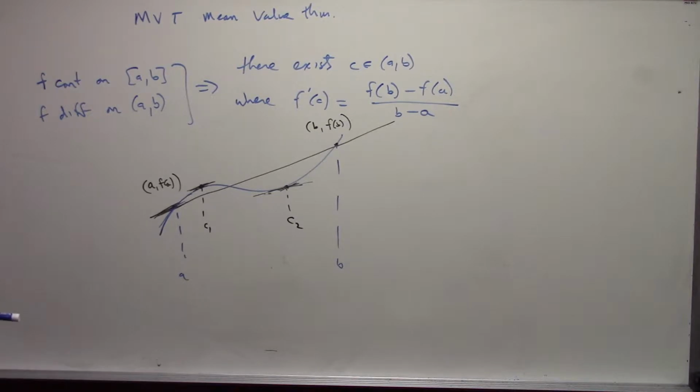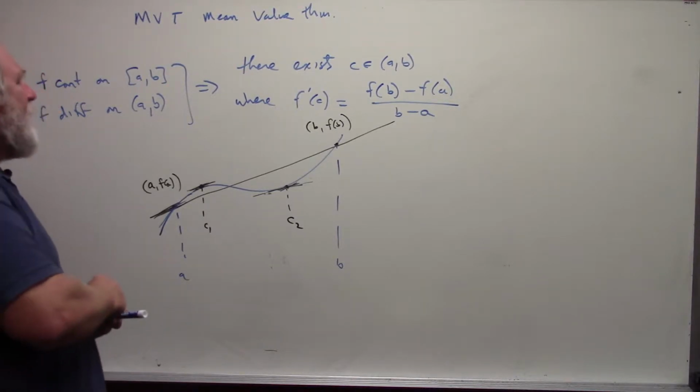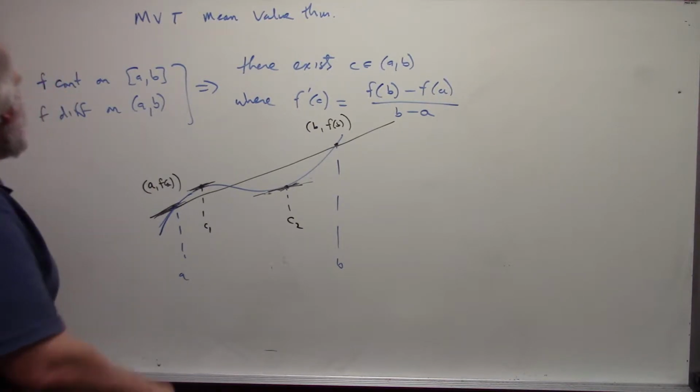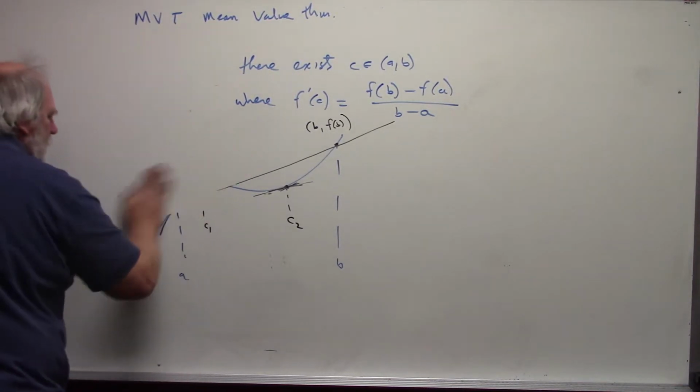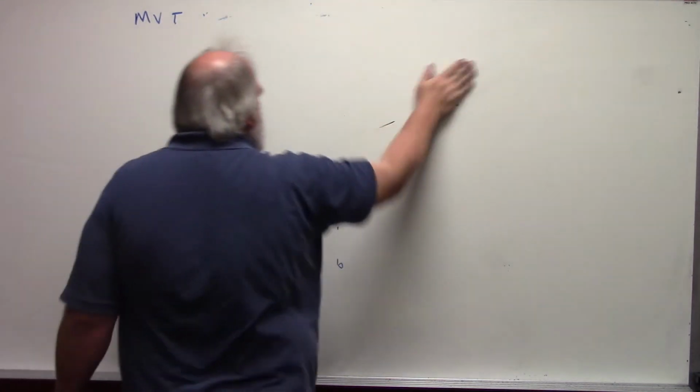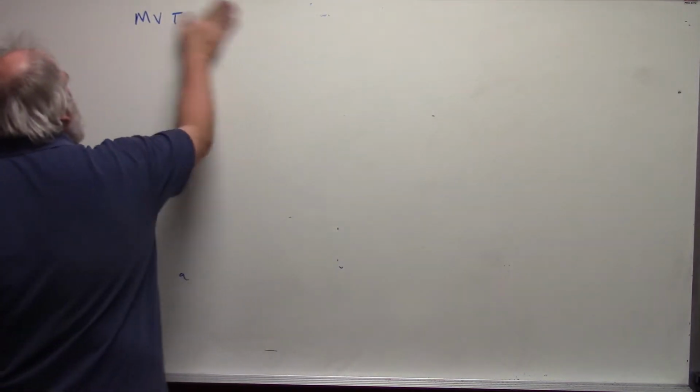Mean value theorem has a lot of applications that are kind of hidden. We are just going to look at a couple here. The first one is a problem that's worked out in the exercises, number 6 I believe.